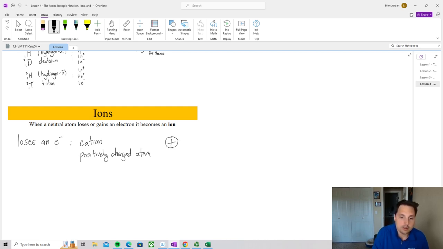Okay, so we have a positively charged cation, and we have too few electrons to neutralize the number of protons.